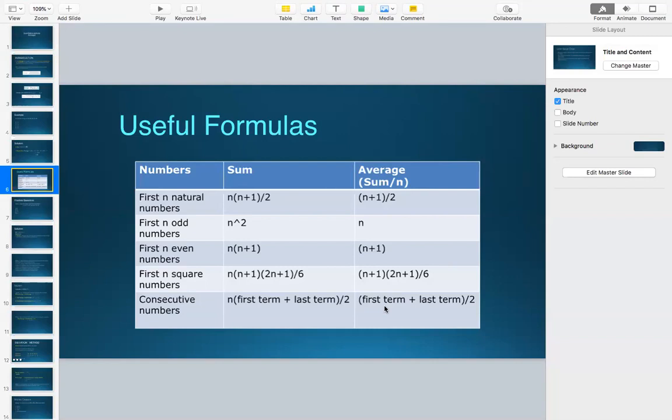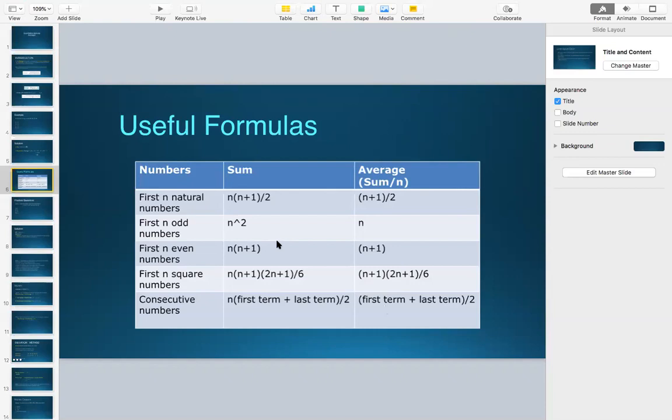In this series, our first term is 7 and our last term is 700. So first term plus last term is 7 plus 700, which is 707, divided by 2. 707 divided by 2 is 353.5. So the ones who got 353.5, congratulations, your answer was correct.